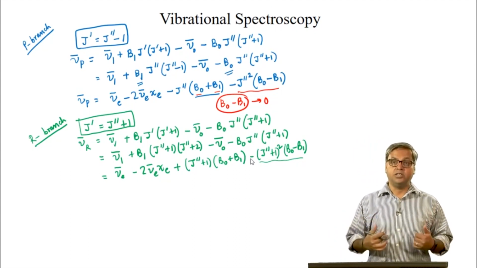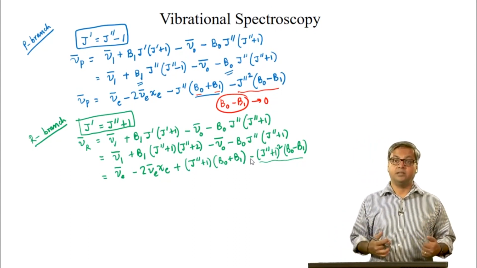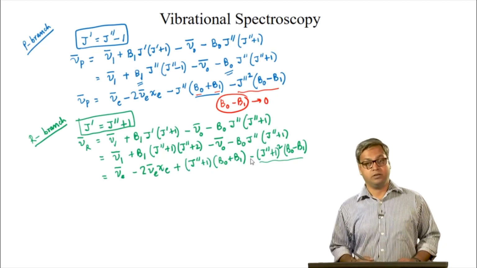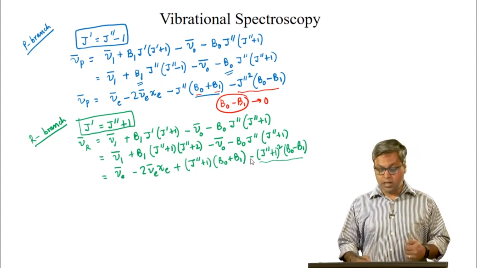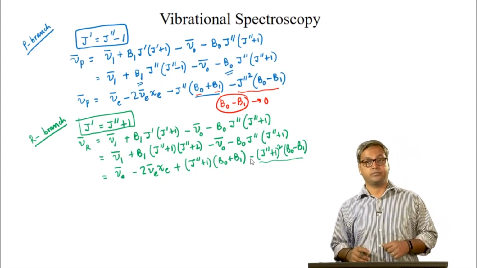So, the energy decreases as J double prime increases, and thus the lines in the R branch are going to get steadily bunched together.